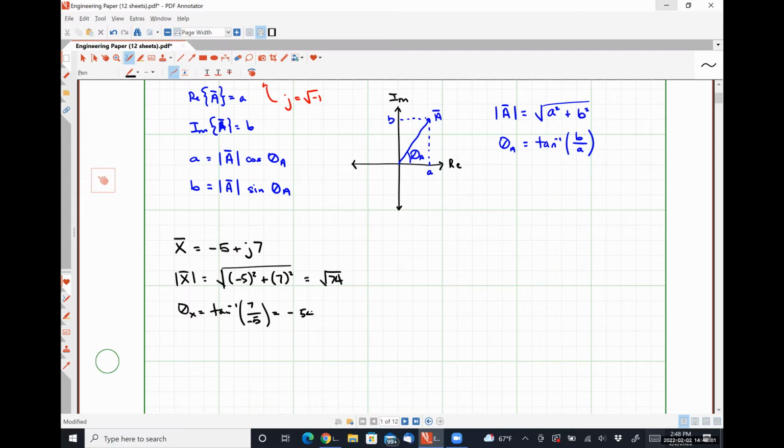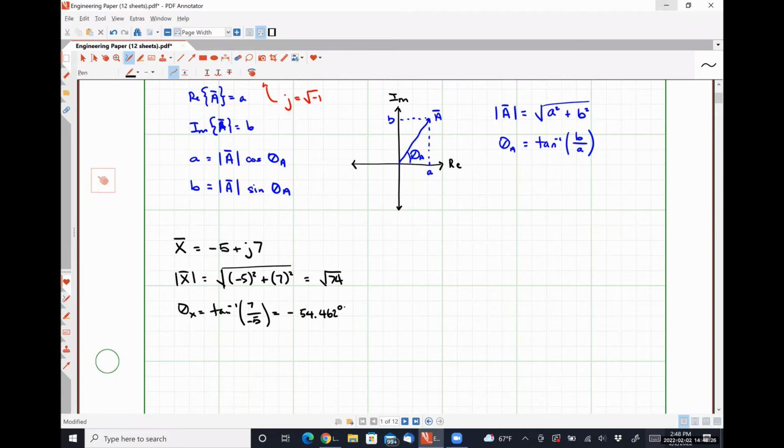And I get -54.462 degrees. And if my calculator were in radian mode, I could get the answer in radians, but I'm also lazy there and not going to do it. Typically speaking, electrical engineers work in polar form with our angle expressed in degrees.